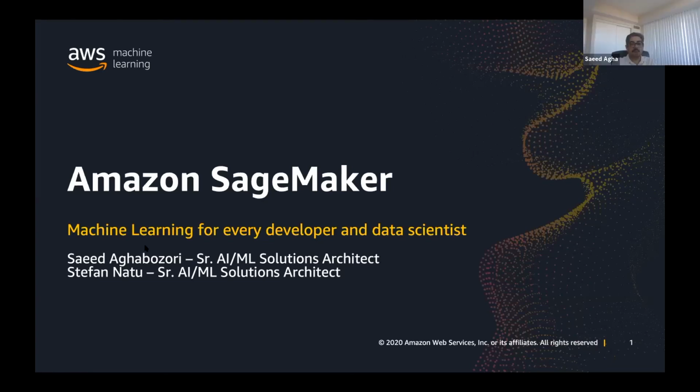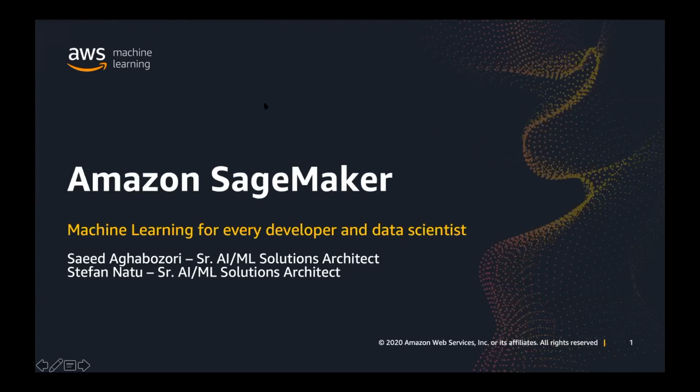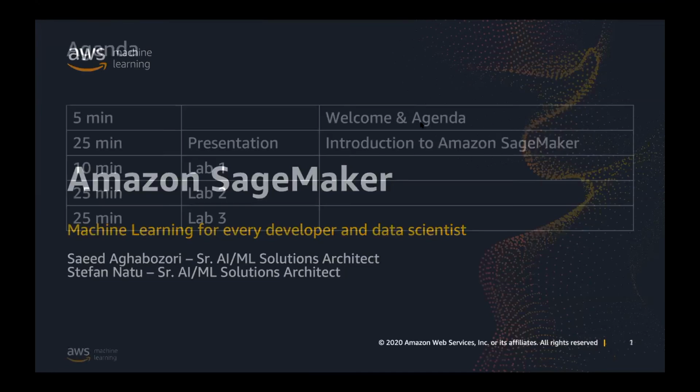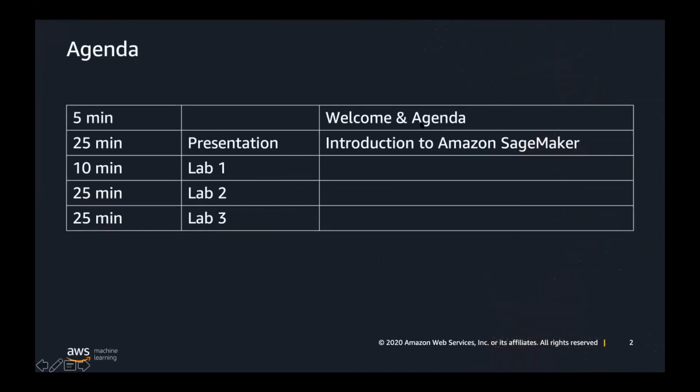Awesome. Okay, well, let me just turn off my video to make sure that the quality of the bandwidth is good. And let's continue. So today's agenda is very quickly talking about Amazon SageMaker and how it works, a 25 minute presentation.